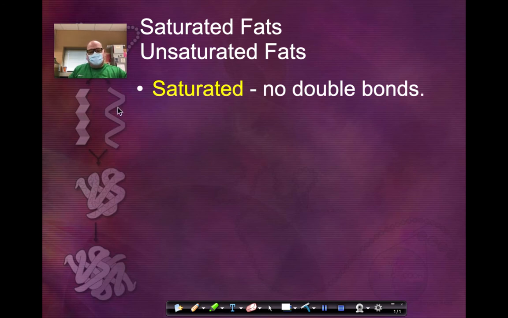Those long carbon chains we talked about, in a saturated fatty acid, what is it saturated with? It's saturated with hydrogens. There's no more room for hydrogens. Every carbon is as full of hydrogen as it can be, okay?